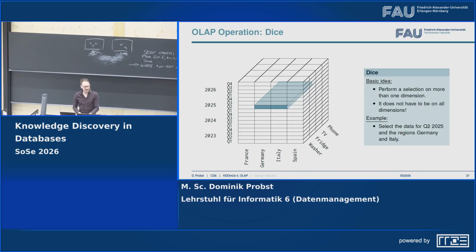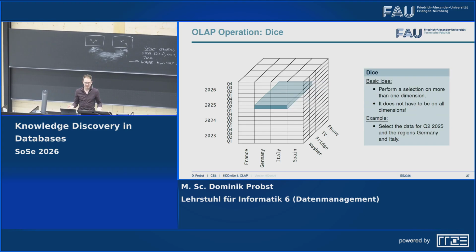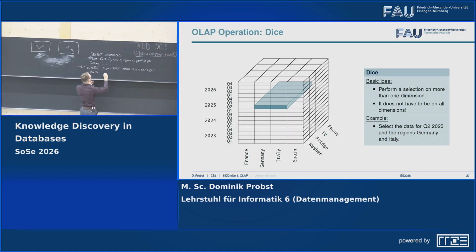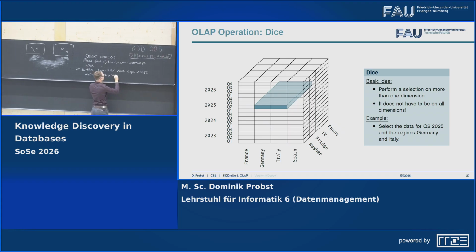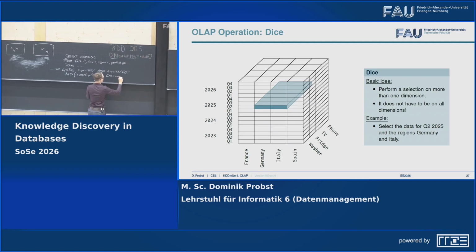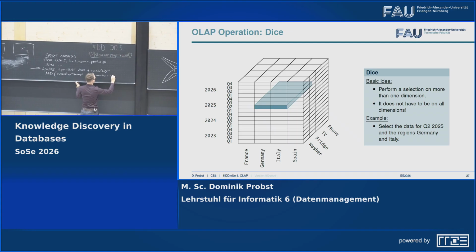I can do the same thing for multiple dimensions. If I basically select a subset of more than one dimension, so in this case, I would not only say 2025 in Q2, but also say, hey, let's go to region, country, Germany, or country Italy.